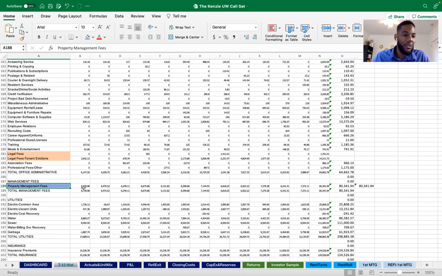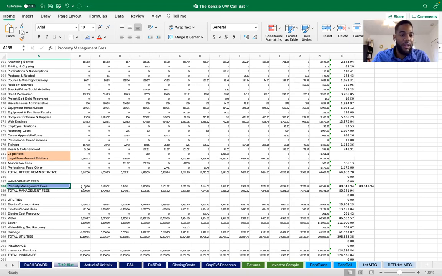The management fees usually cover any accounting software used to do financials for the property, any leasing systems, or any corporate level employees, like a COO or a controller. Those are usually absorbed within the property management fees.